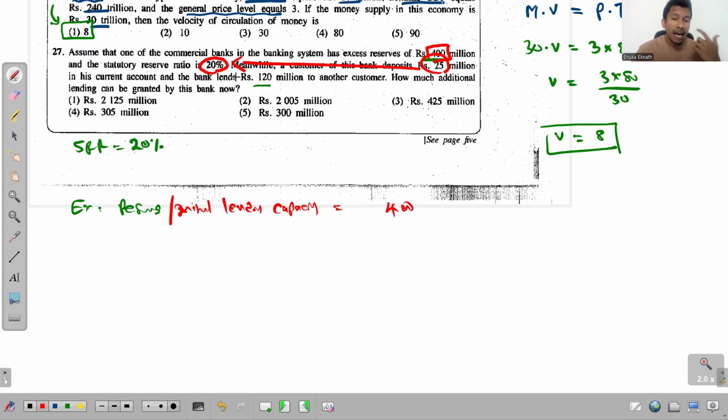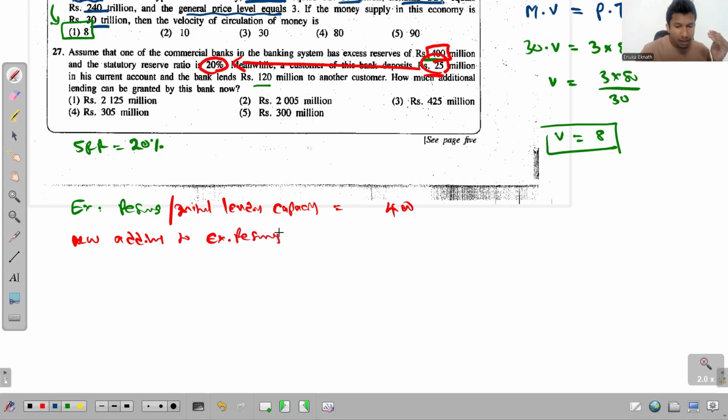But the remaining 80% of this deposit, they can put into their excess reserves and use it to offer loans to the general public. So let me write new additions to excess reserves.